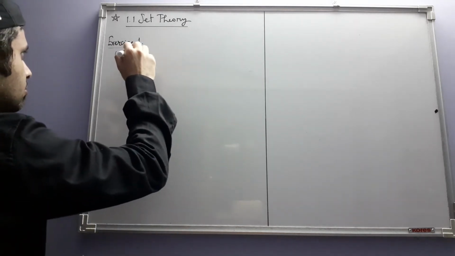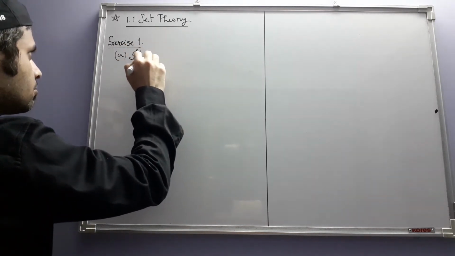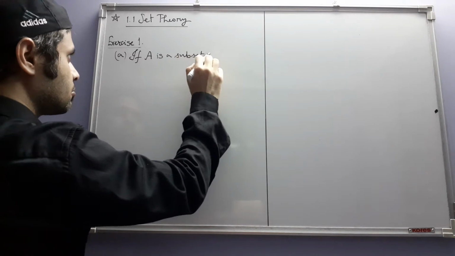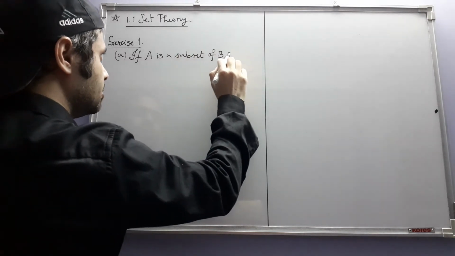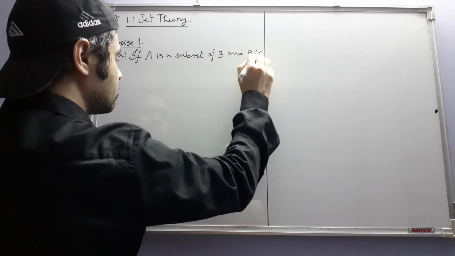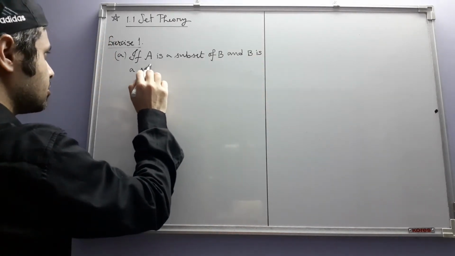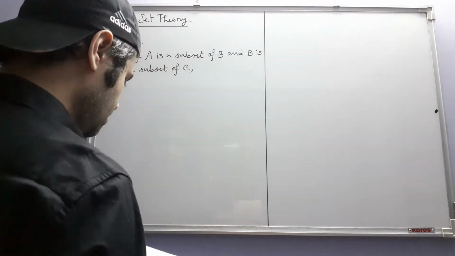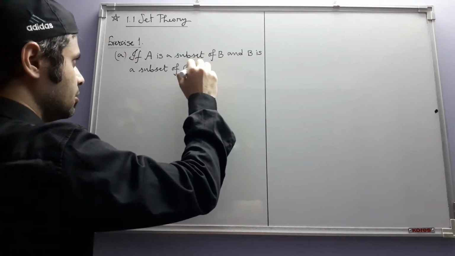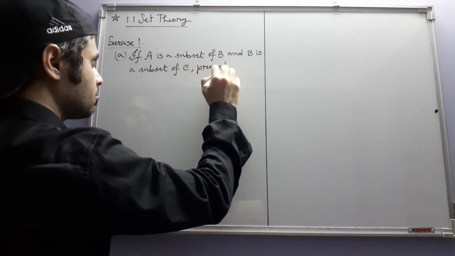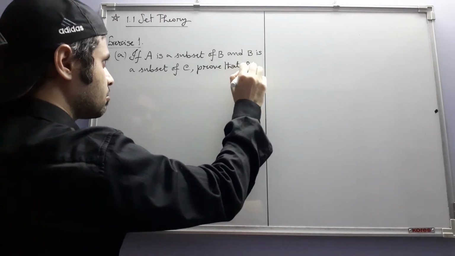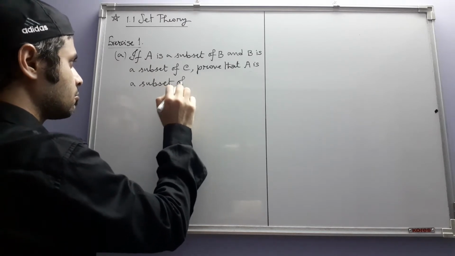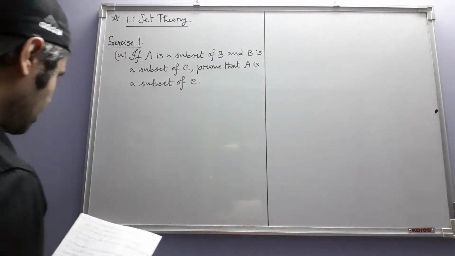Part A says: if A is a subset of B and B is a subset of C, then prove that A is a subset of C. So this is the first part.